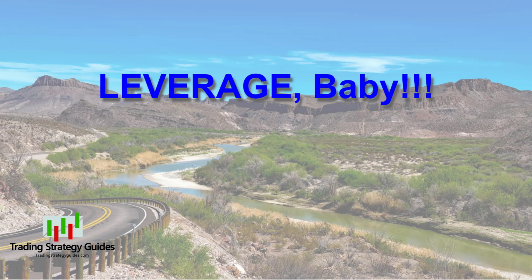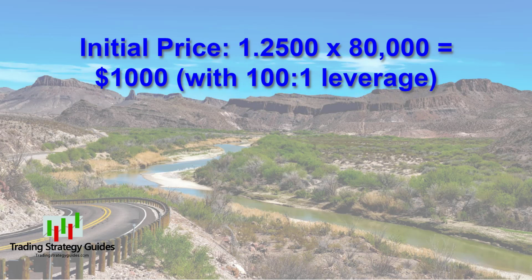100-to-1 leverage increases your available trading funds 100 times the amount of the money in your account. So if you look at our prior example, that $1,000 in your account can now be used to control $100,000 buying power. So now you have the ability to buy 80,000 euros at 1.25 with your $1,000 and your 100-to-1 leverage.